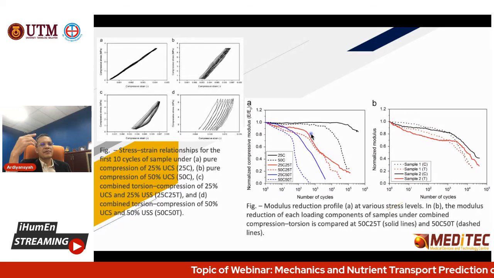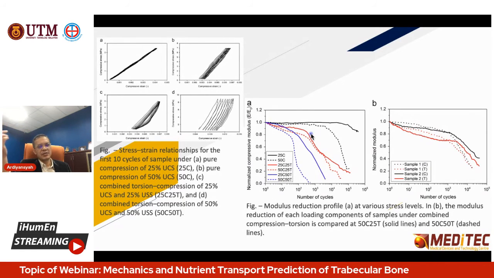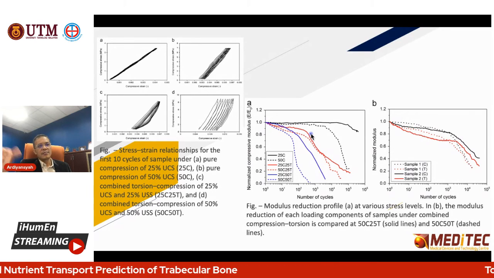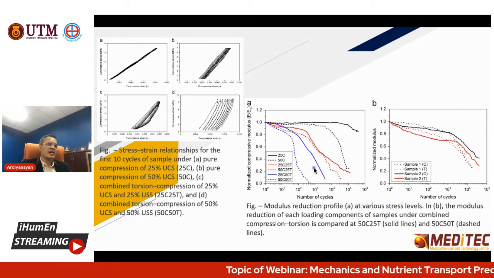If the model compresses 25% compression with 50% compression, there is a difference. But here we can know that the torsion effect is higher compared with the others.